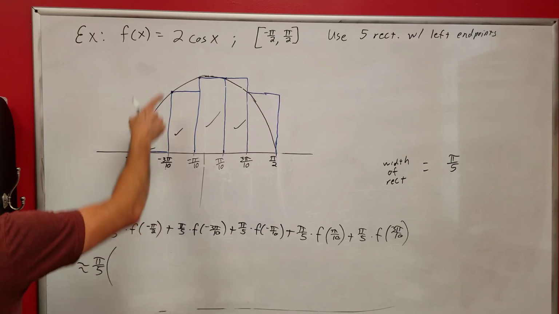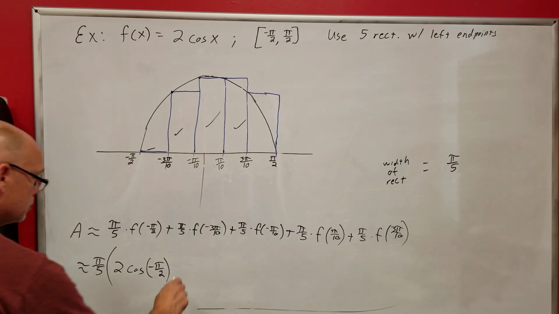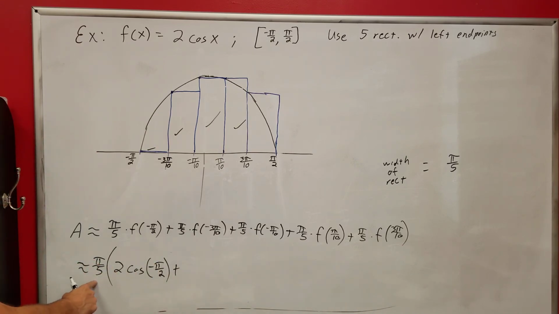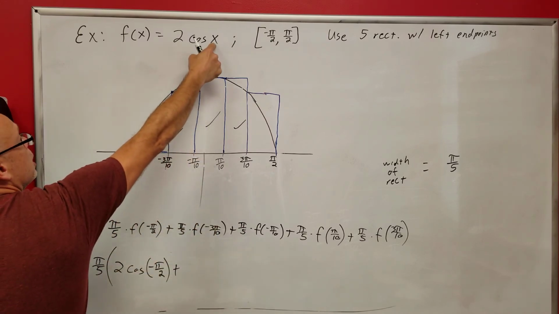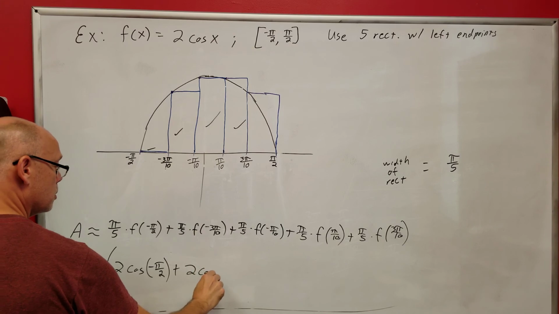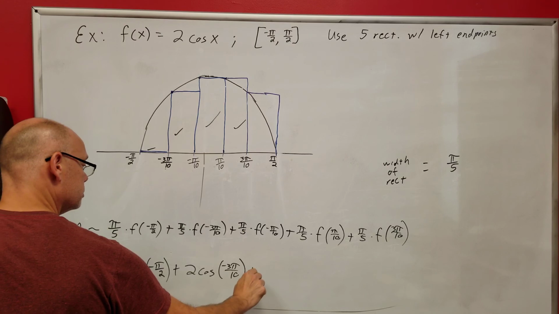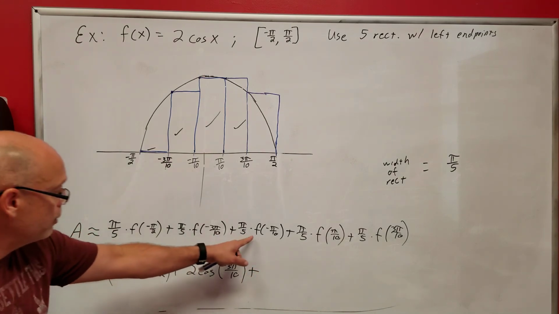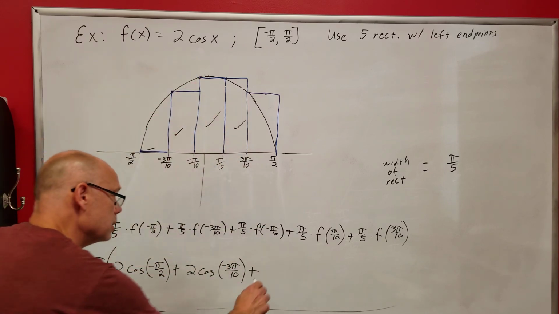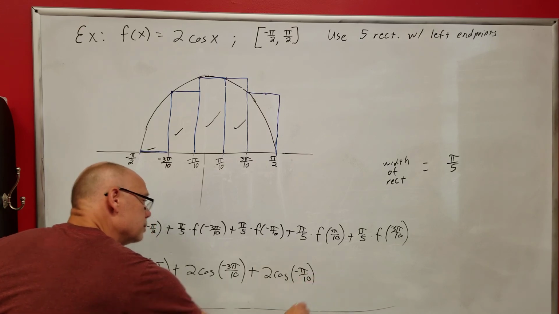And f evaluated at negative pi over 2 is 2 cosine negative pi over 2. Plus, I already took the pi over 5 out, so it's just f evaluated at negative 3 pi over 10. So plug in negative 3 pi over 10, you get 2 cosine negative 3 pi over 10. Plus, I already took out the pi over 5, so I have f evaluated at negative pi over 10. So 2 cosine negative pi over 10.